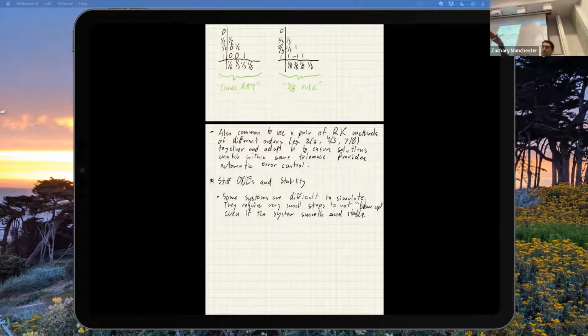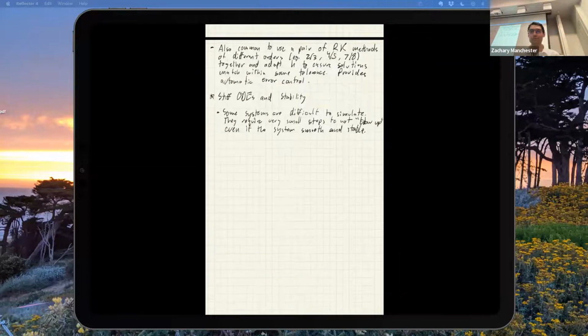I crank up the damping. It's the most benign thing you can imagine. Totally stable. It just falls down, but that's stiff. And you can easily make the integrators blow up and go unstable with that kind of thing.